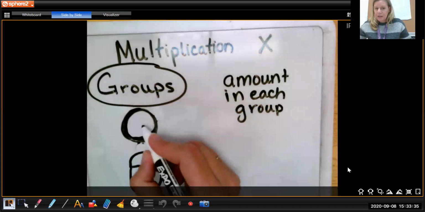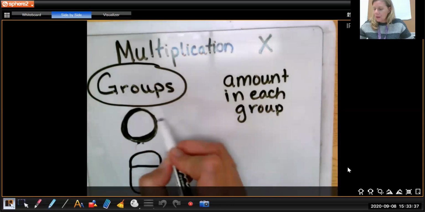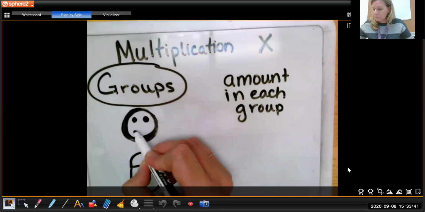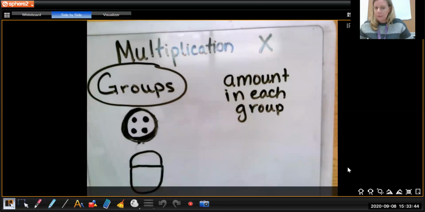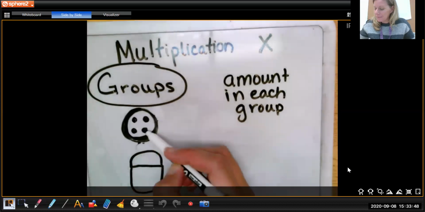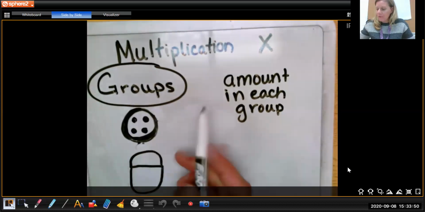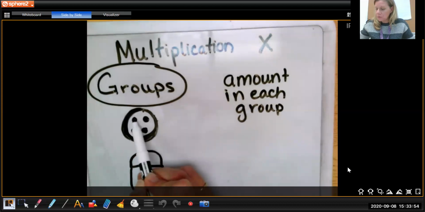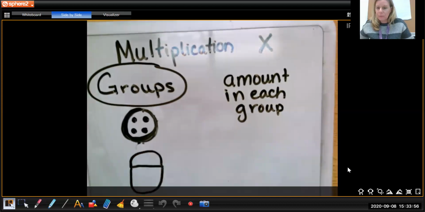So let's take this table and put some people at it. Sorry, they're bad pictures. Now I have one group, and there is 1, 2, 3, 4 in that group.